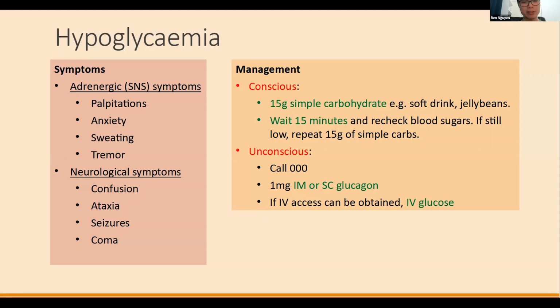Typically if the patient's conscious, you want to try oral carbohydrates first. I guess glucagon and glucose can work, but it's a bit overkill, a bit unnecessary. So try 15 grams first and then wait 15 minutes. If the blood sugars are still low, you can repeat that 15 grams of carbs.